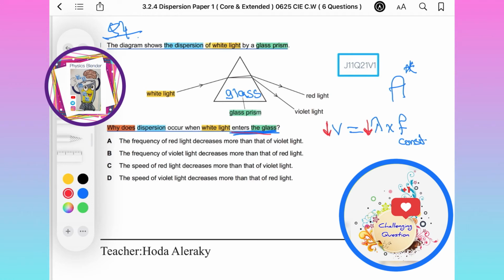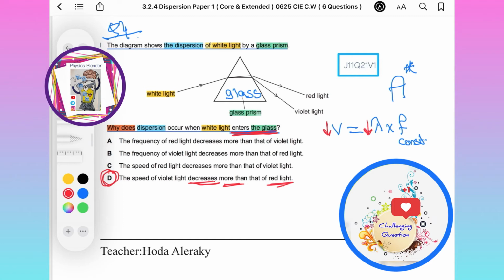So again, guys, when it enters the glass, we are talking inside the glass, not in air. The speed of violet will be decreased more than that of red.